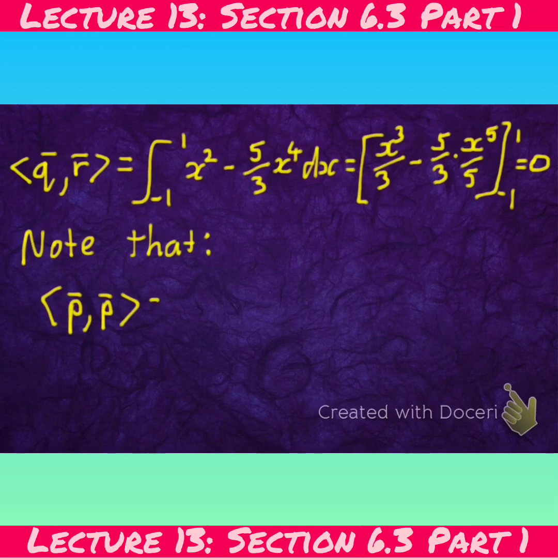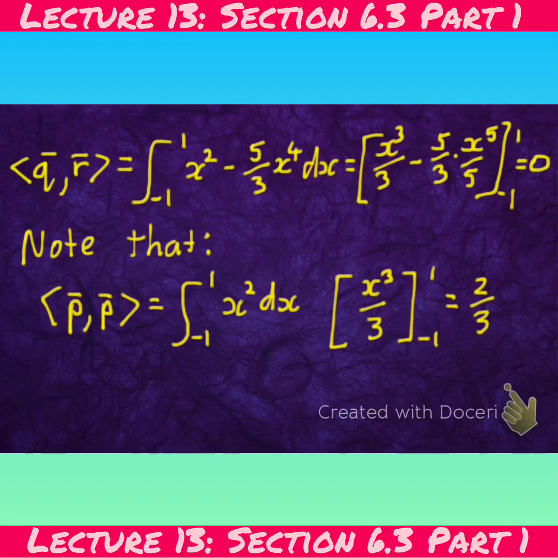Right, so that's the integral from -1 to 1 of the function p multiplied with the function p. Remember, p was the function x, so that's going to be x squared. And then working that out, we get that it is in fact 2/3.